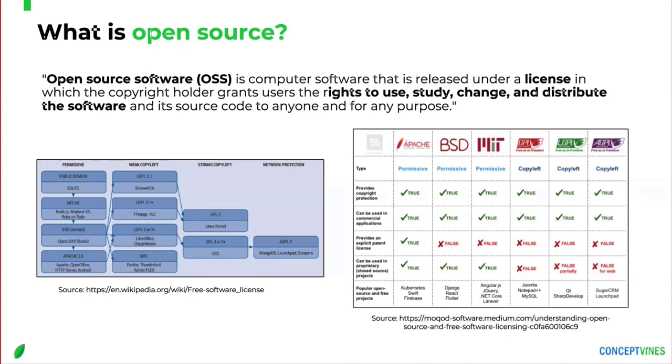So it's a way of permeating the freedom that you receive and making sure that downstream individuals can also make use of those same freedoms. So that's a broad landscape of the different licenses available, and how they fit in the broad scheme of this continuum of freedom that we're talking about here.